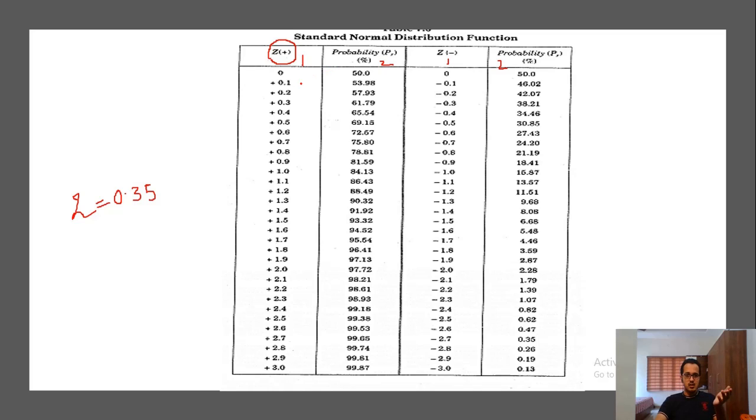You'll have to find it based on the values of 0.3 and 0.4. So by interpolation, you can calculate the value of 0.35. It will lie between 61.79 and 65.54. That value of probability will lie between 61 and 65.